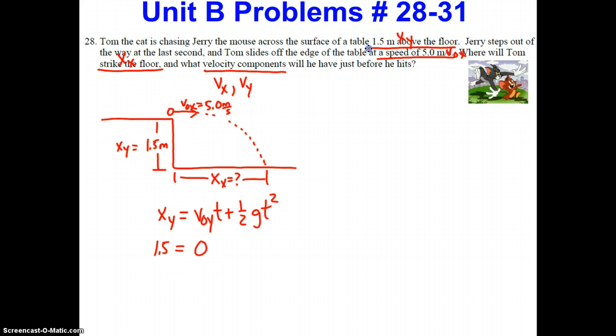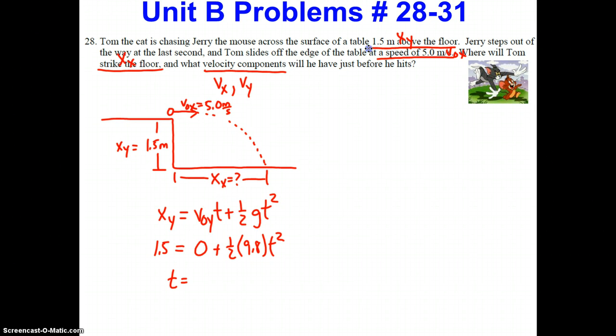There is no initial vertical velocity because it's all directed horizontally, so the VOYT term is 0, plus 1/2 9.8 t squared. We double check, do we have any conflicting directions? The answer is no. The XY value is down, G is down, so we're all set here.